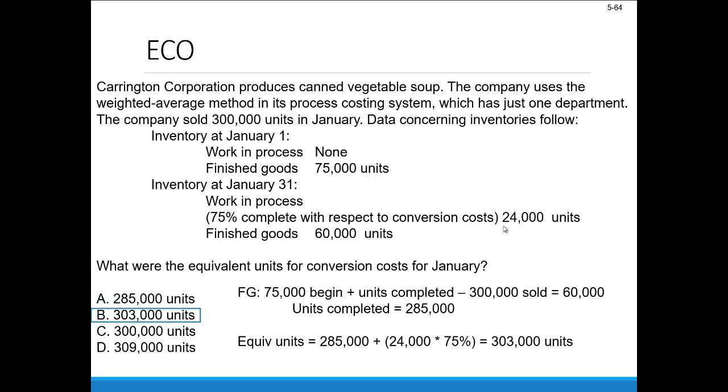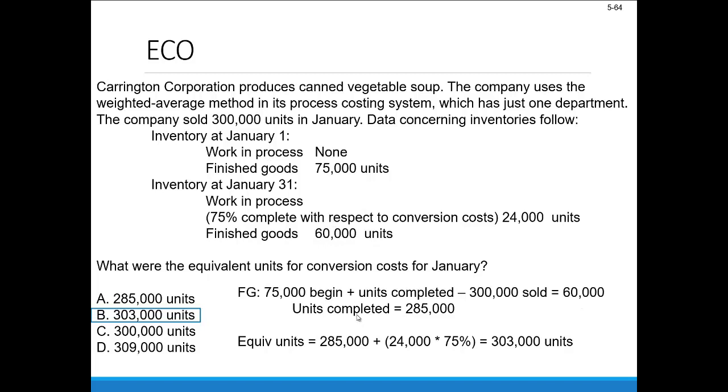So that would be B, 303,000 units. So we had 75,000 units in beginning inventory. Everything was done and ready to sell there. To that, we'd be adding the units completed, which we don't know, minus the units we sold, 300,000, to give us 60,000 ending finished goods units.